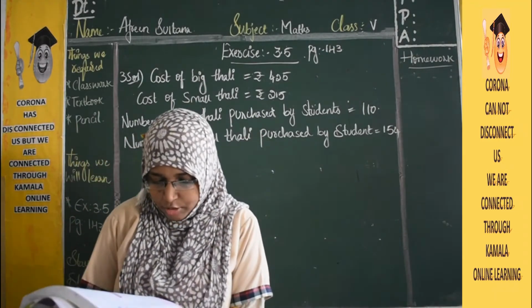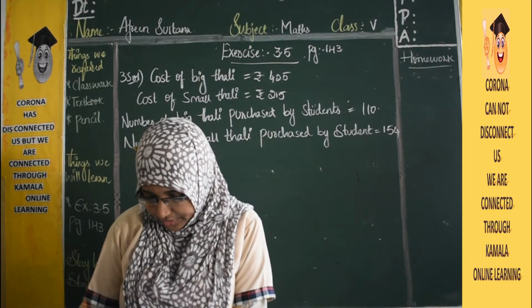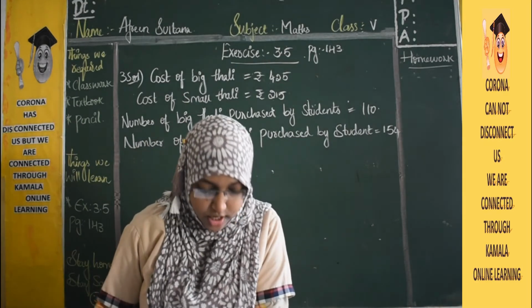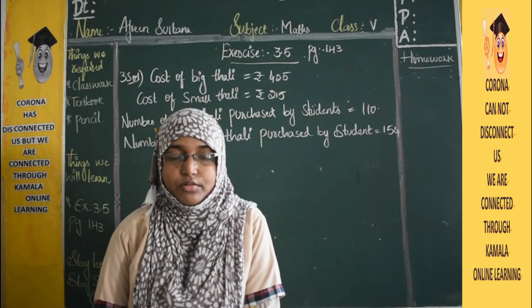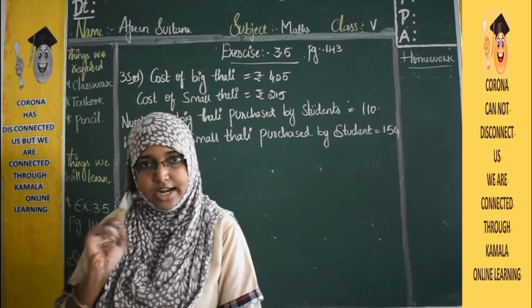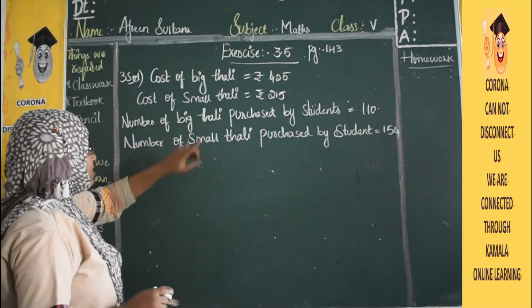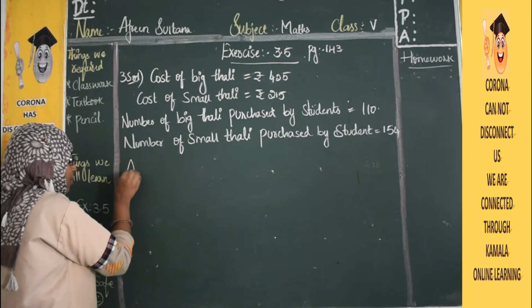Next, how much money did the college cafeteria collect for large thalis and small thalis? So now we need to find the amount collected by the cafeteria for large thalis. First let us find big thalis.